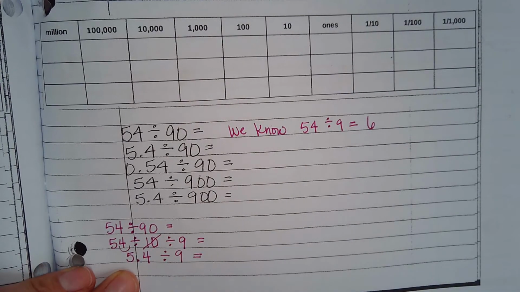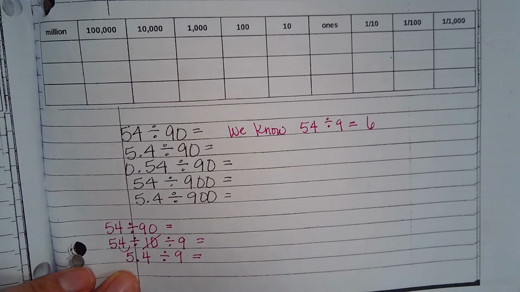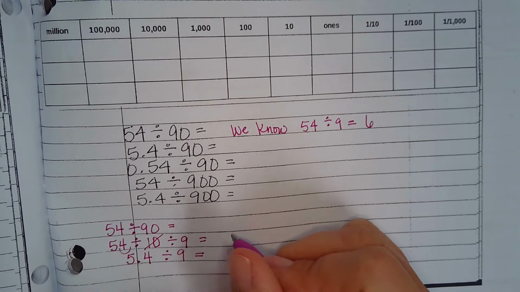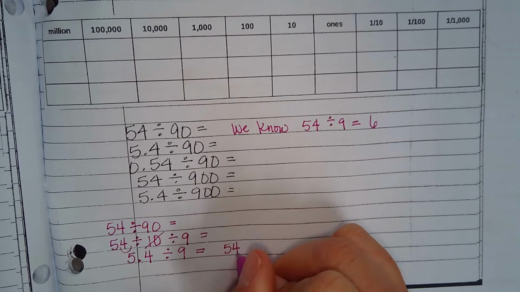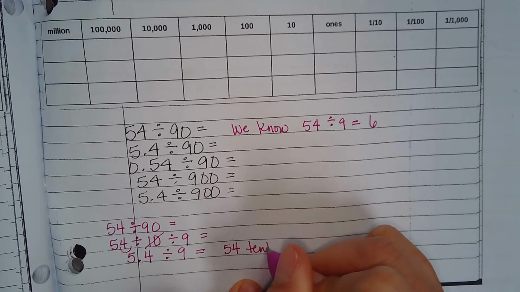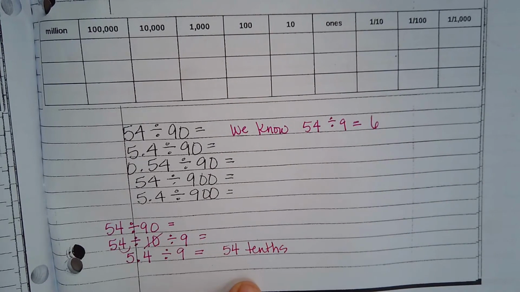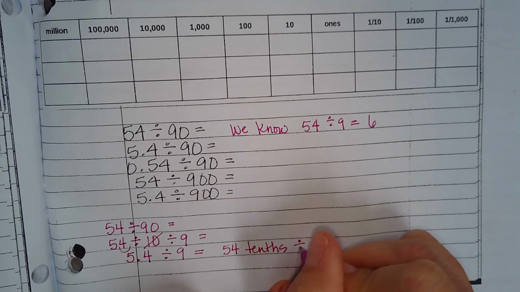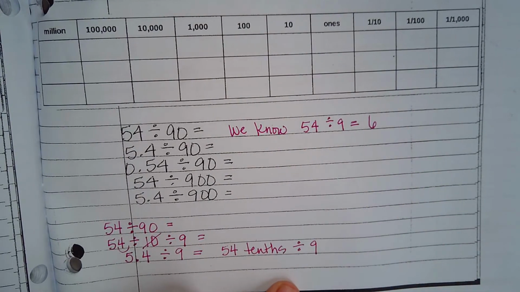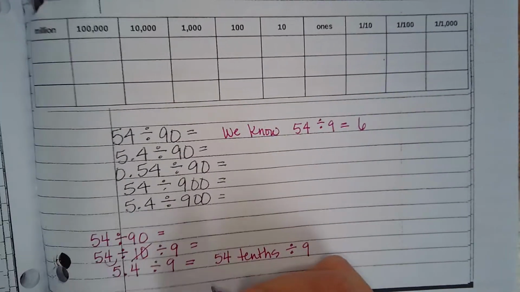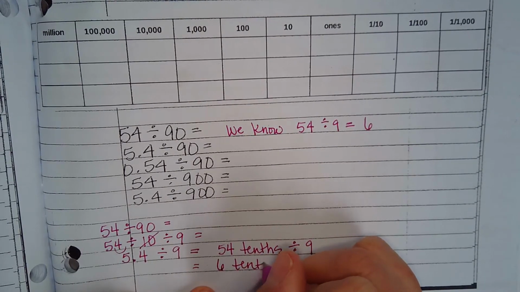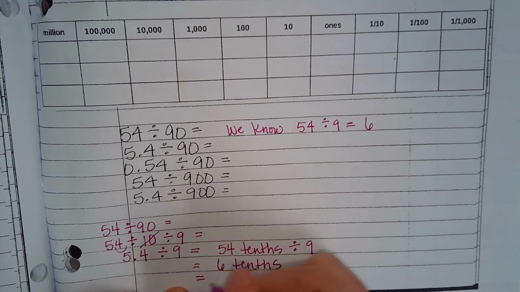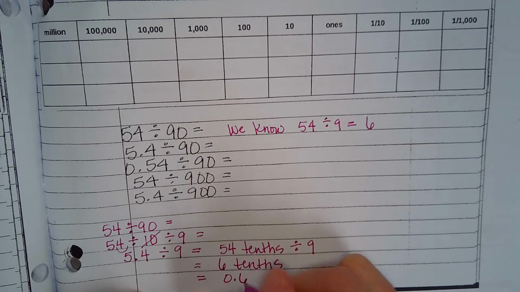So, hint, trick. 54 tenths divided by 9 is going to give us 6 tenths, which is equal to 0.6.